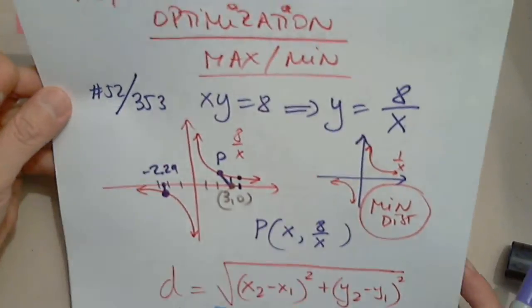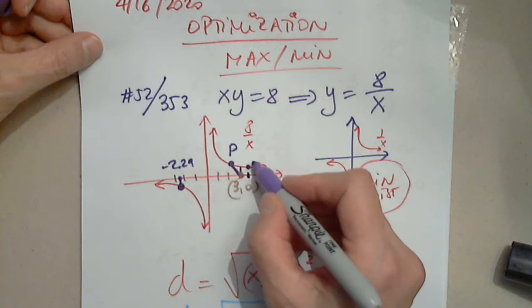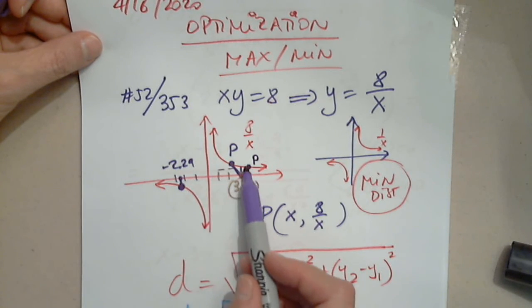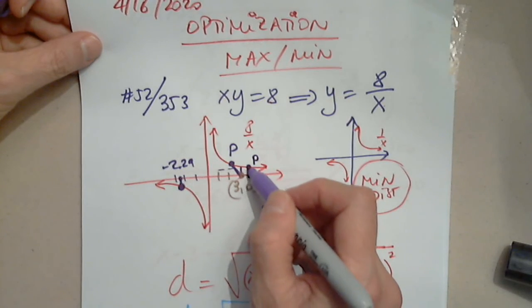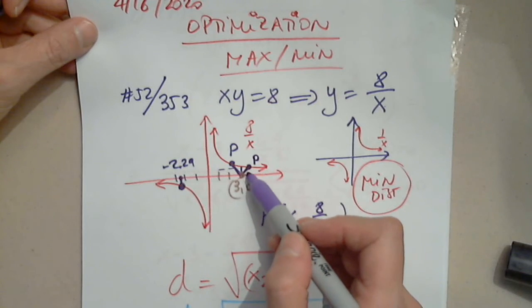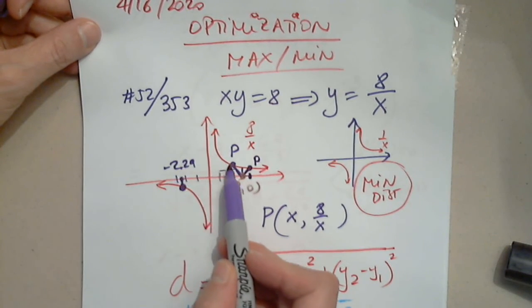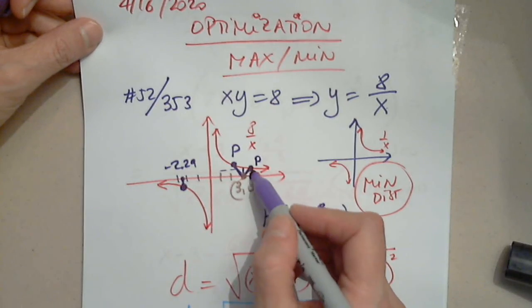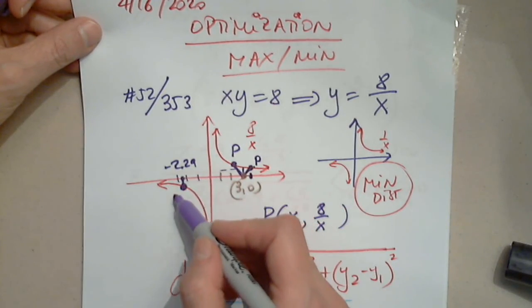Very good. So actually the point is right here at 4, 2. So this is the distance. It appeared initially that it was this, but apparently because it gets closer and closer, it makes sense, gets closer and closer to the horizontal asymptote, this will be the point. And this will be the other point.